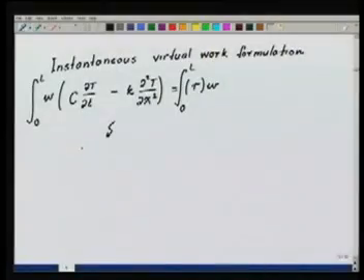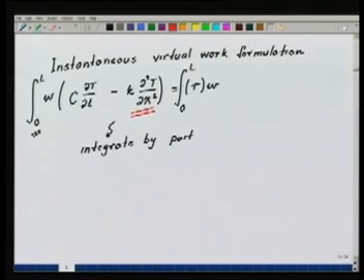Which part do we integrate by parts? It is the spatial derivative, because here we are doing the integration over x. So we will have to take care of this part when we do the integration by parts.